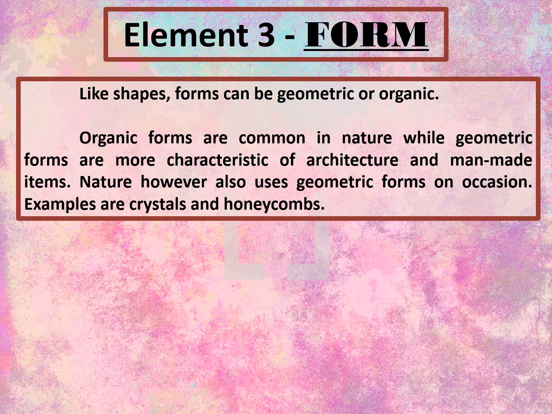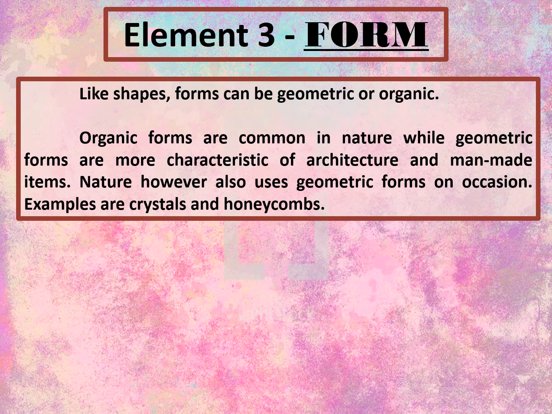And also, like shapes, forms can be geometric or organic. So hindi lang yung shapes ang nakaka-create ng iba't ibang mga forms. So the element of form also can be in a form of geometric or organic.